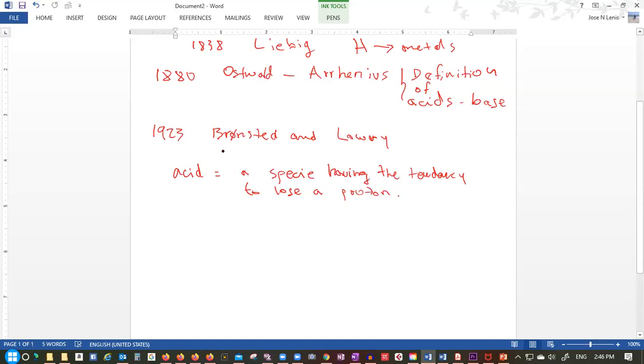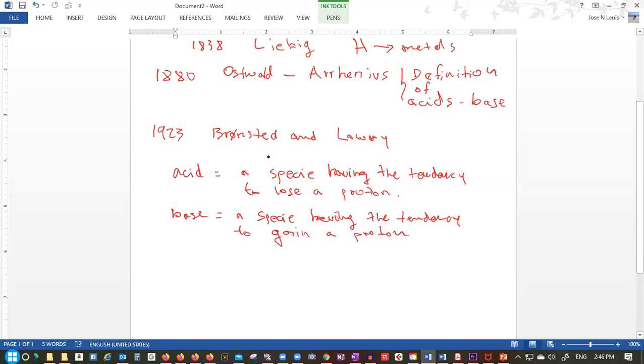And a base as a species having the tendency to gain a proton.